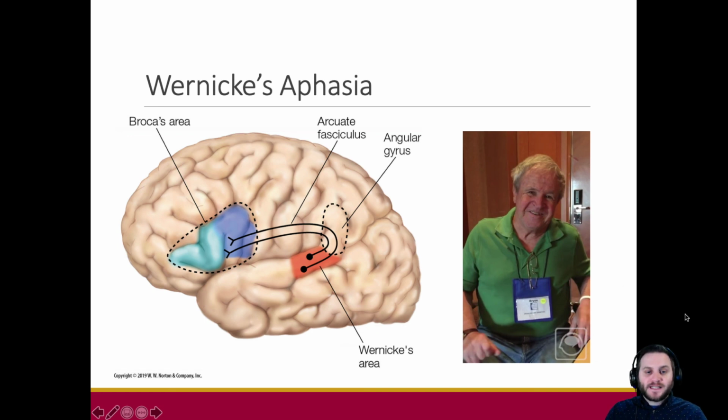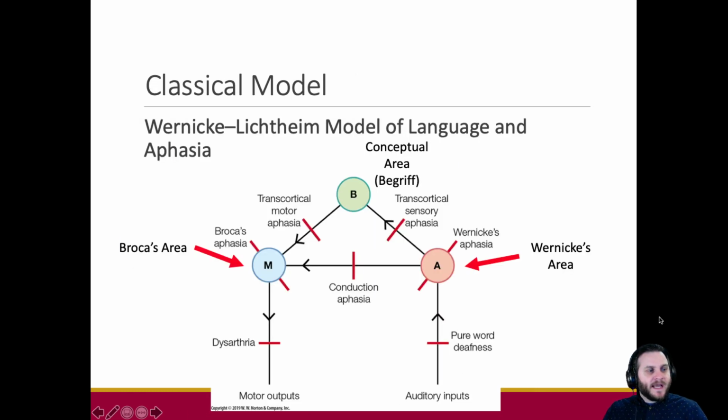All right, to close us out for today, the last slide is the classical model. This is the Wernicke-Lichtheim model of language and aphasia, okay? And so they're German, and they identified 3 areas, okay?